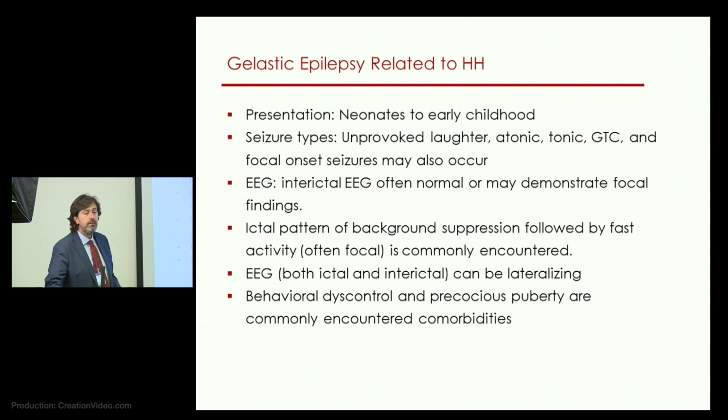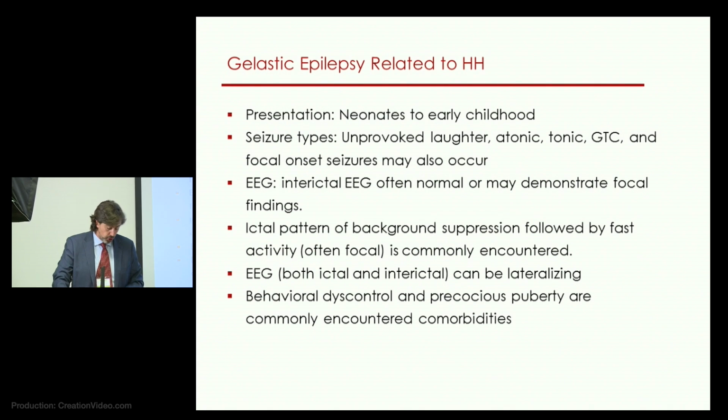Okay, let's do a flash on what has already been pointed out. Gelastic epilepsy is something that starts very soon in life. From the neonatal period, every child with hypothalamic hamartoma might present seizures. And the seizures, as you know, are gelastic seizures, unprovoked, and there might be different seizures over time, and we will see some examples.